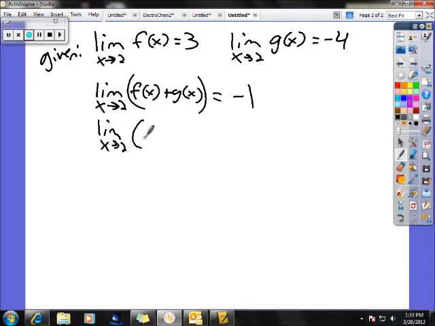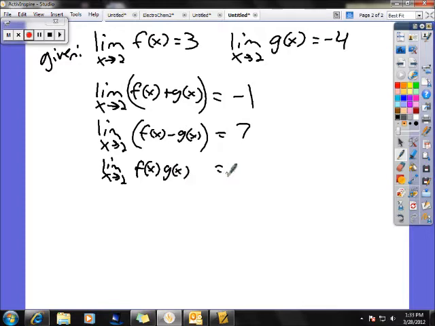So let's just run through a few of these. Limit as x approaches 2 of f of x minus g of x would be what? 7. Okay, the limit as x approaches 2 of f of x times g of x is going to be -12, and so on. Okay, you can divide, you can multiply by a constant, so let me do one of those.